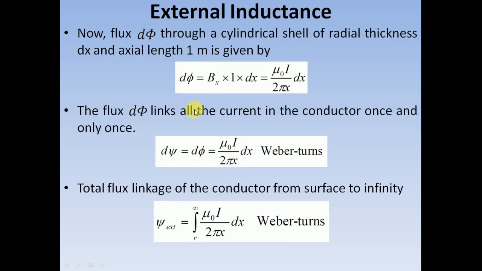Once we have found the flux density, we will be calculating the value of magnetic flux from there. As we all know from the relation of magnetic flux density, B is equal to phi by A. So from that relation we can easily find the magnitude of flux by multiplying the magnetic flux density with the area. So we will be multiplying the magnetic flux density with the area, and then we will be getting the value of magnetic flux as nu0 I by 2 pi x dx.